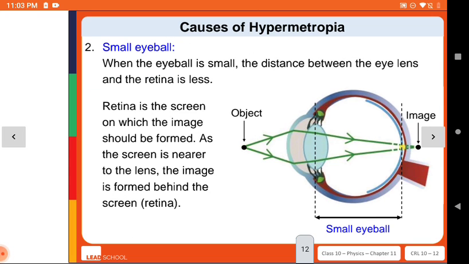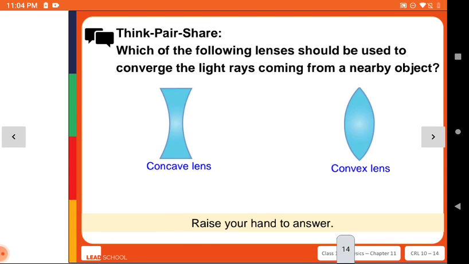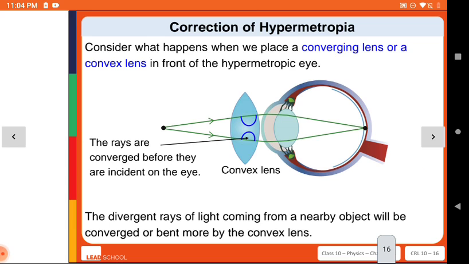In this case we use a convex lens that helps to converge the rays of light and shift the image forward onto the retina.